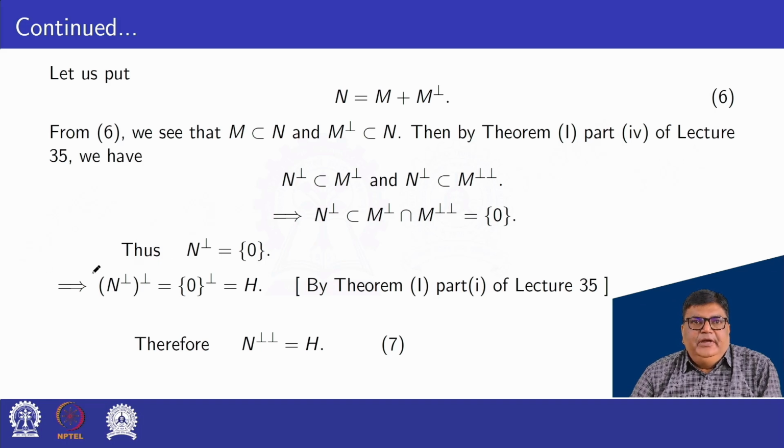This implies that the perpendicular of N perpendicular is equal to the perpendicular of singleton set 0, which is equal to H. Here N perpendicular is equal to the singleton set 0, so N double perpendicular is the perpendicular of singleton set 0. It is already proved that the perpendicular of singleton set 0 is H by the theorem, part first of lecture 35. Therefore, N double perpendicular is equal to H, equation 7.